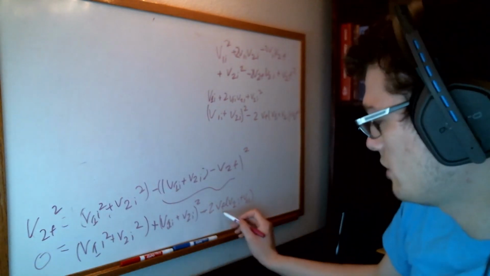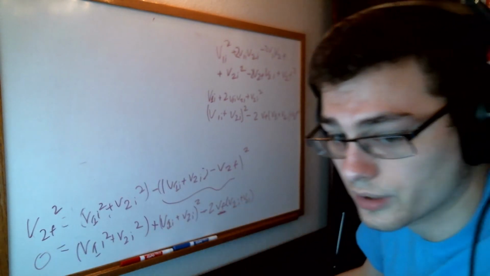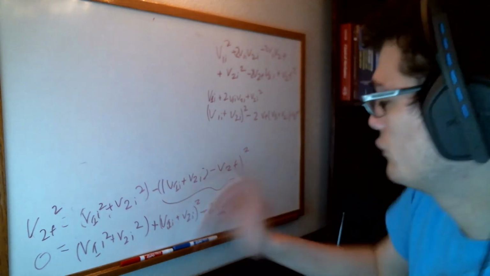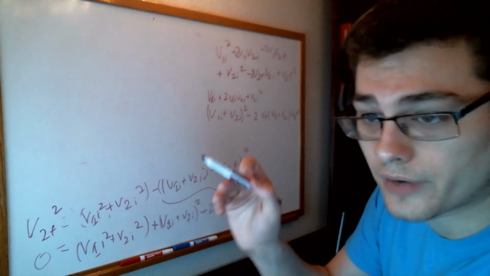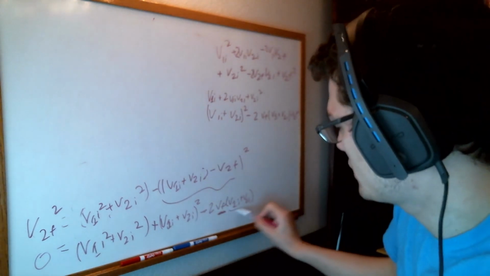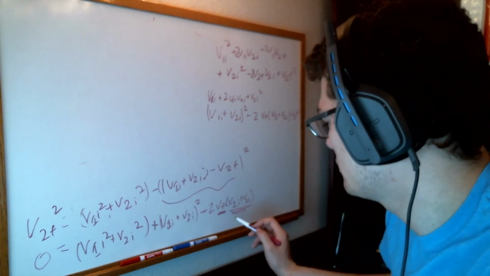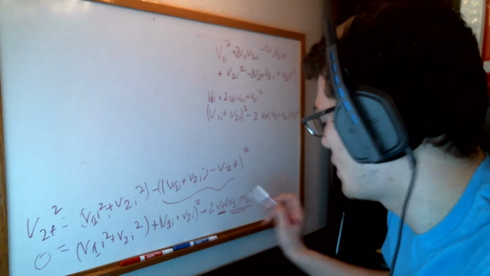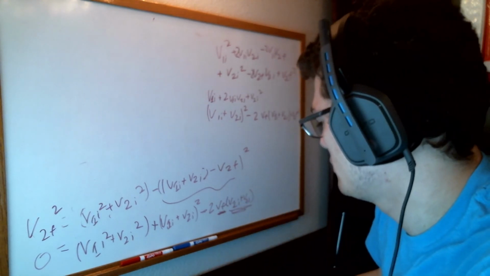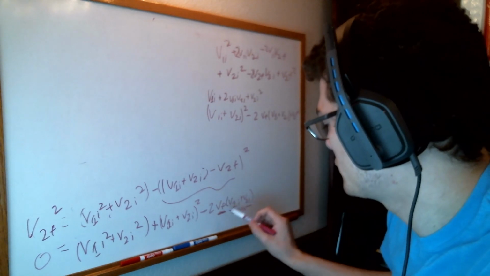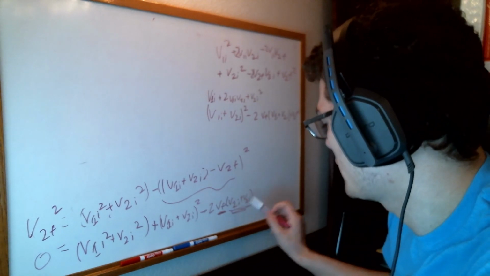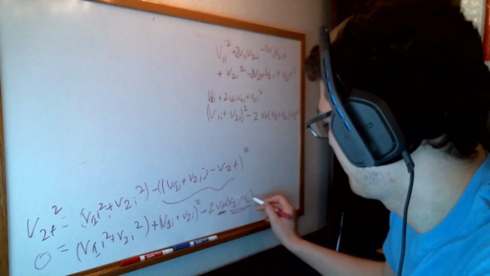Okay, so we're going to be solving for VF over here, and so we'll move that over to the other side, and then we're going to divide both sides by 2 times this quantity here, which is V1I plus V2I. Again, we're dividing by 2 times V1I plus V2I.